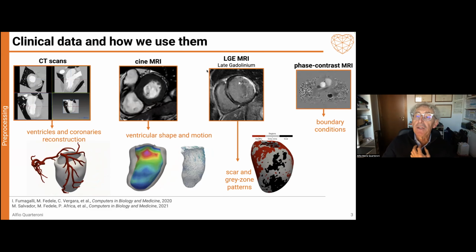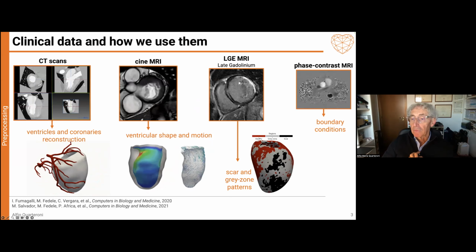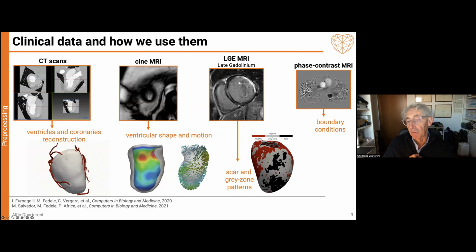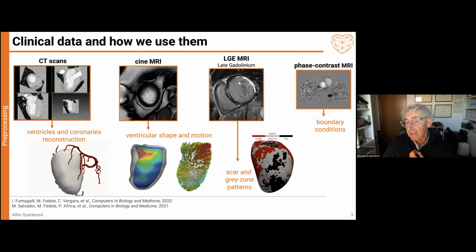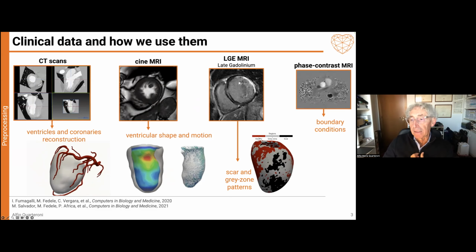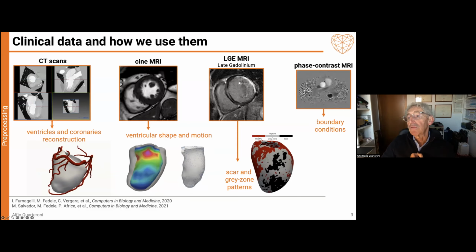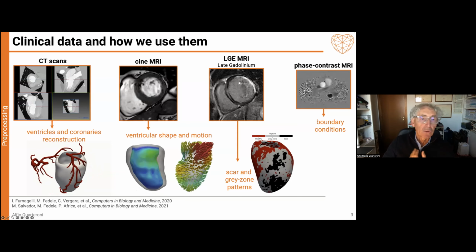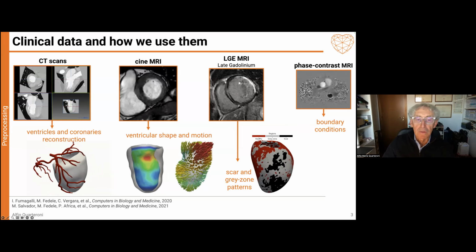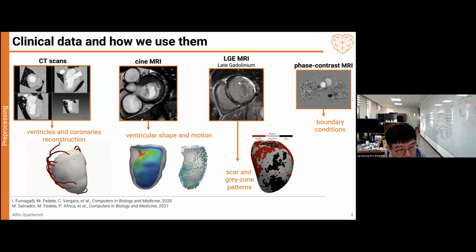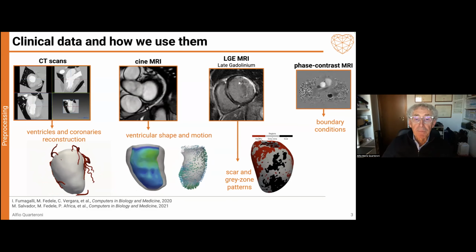We use late gadolinium enhancement to find the regions of the ventricle where there are possible, say, scars, which are the black areas that are no longer conducting the electrical signal. And we use phase contrast MRI to generate boundary conditions. Very often we do not have boundary conditions, we do not have initial conditions that are important for our models. So this is a very quick picture.